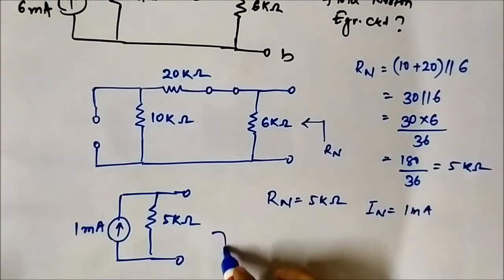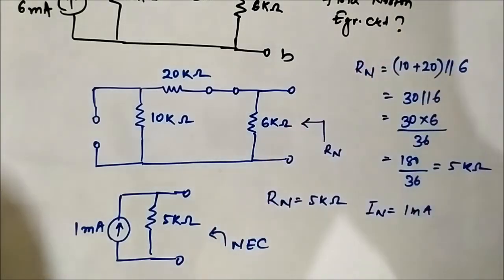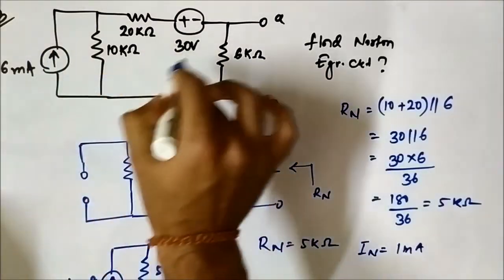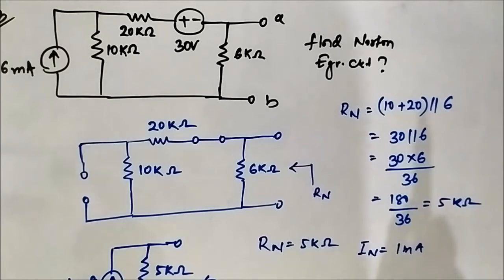Okay, that is the Norton equivalent circuit for this circuit here. Okay, so this is the third question related to application of Norton's theorem.